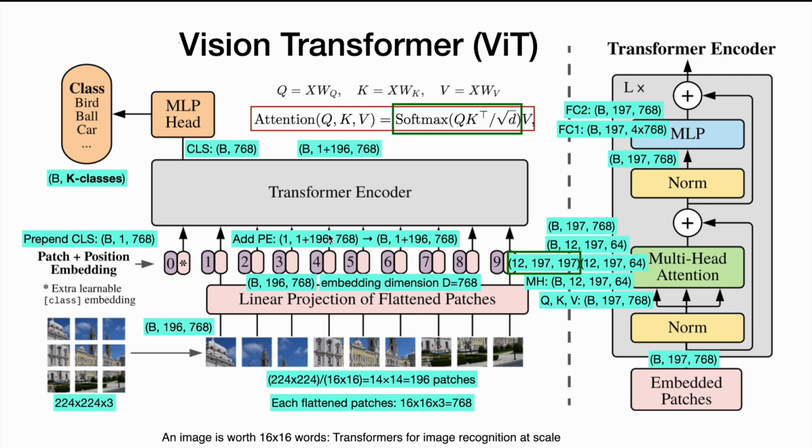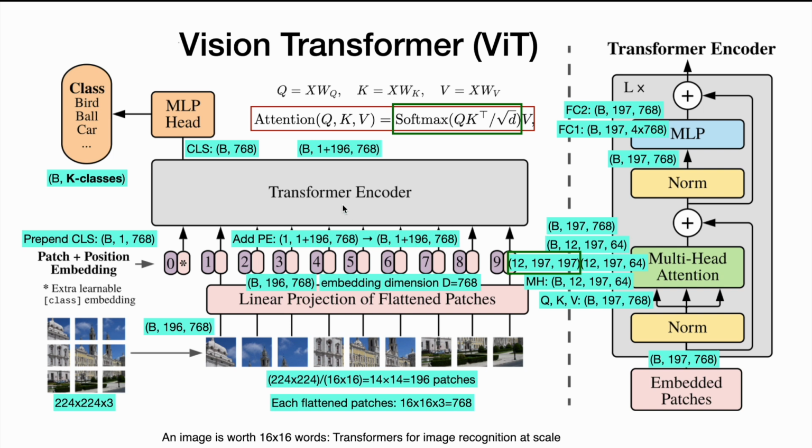Then we have another 196 positional embeddings to add to the patch tokens. After adding the positional embedding, we get this dimension. B is the batch size. We have one CLS token and 196 patch tokens, and each token has a dimension of 768.